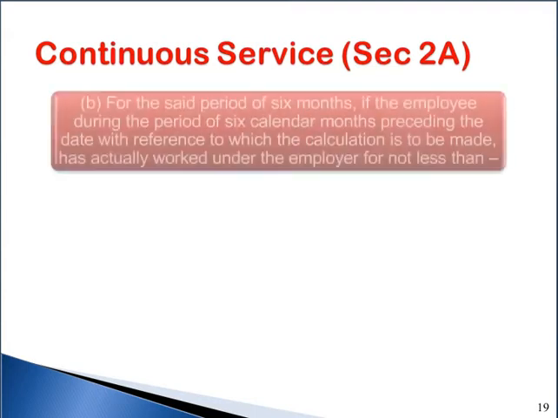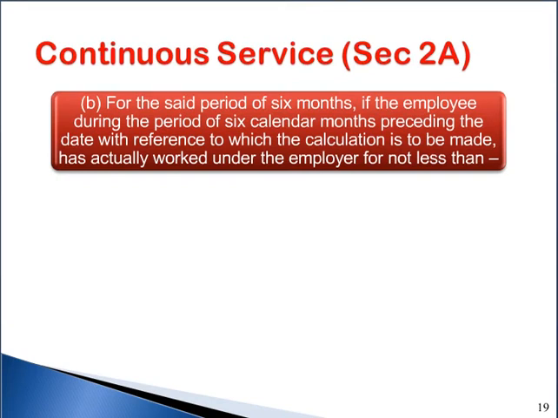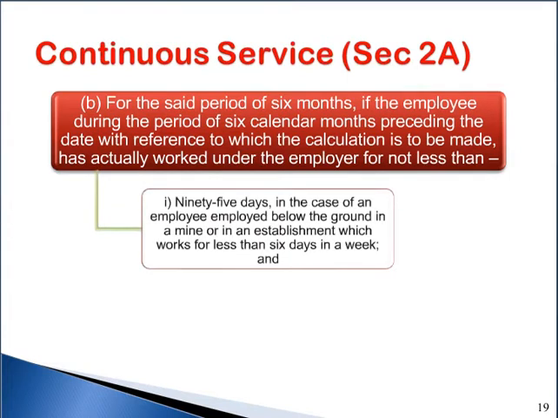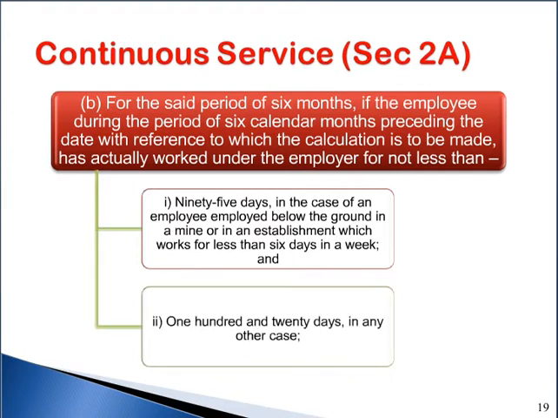The definition states that for the said period of 6 months, if the employee during the period of 6 calendar months preceding the date with reference to which the calculation is to be made has actually worked under an employer for not less than 95 days in case of an employee employed below the ground in a mine or in an establishment which works for less than 6 days in a week, and in any other case 120 days as may be applicable.